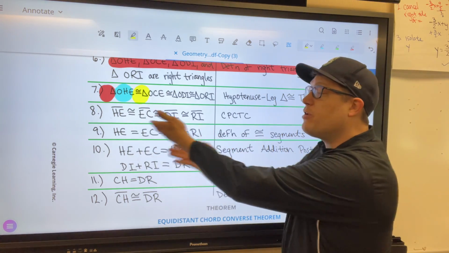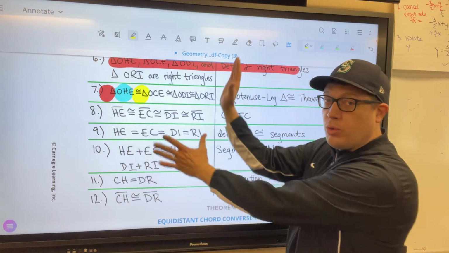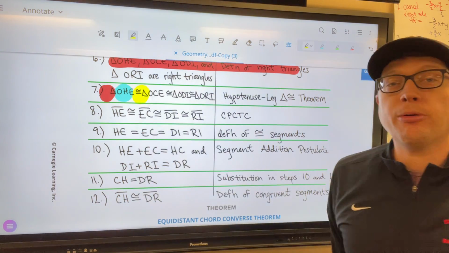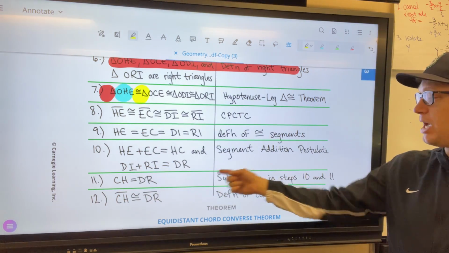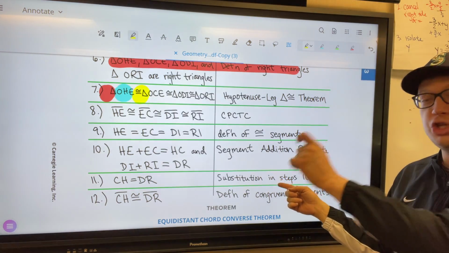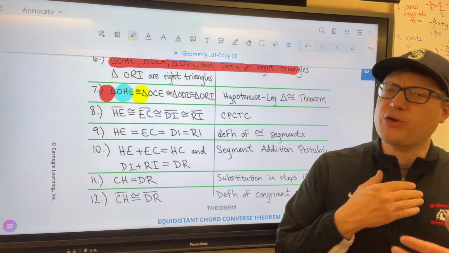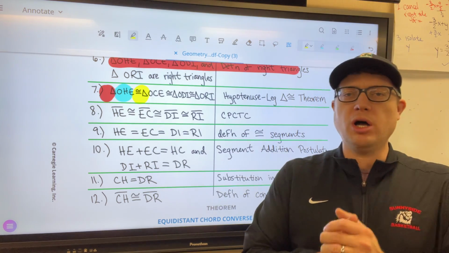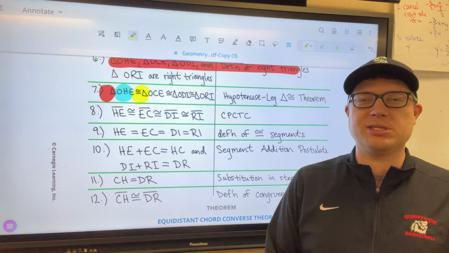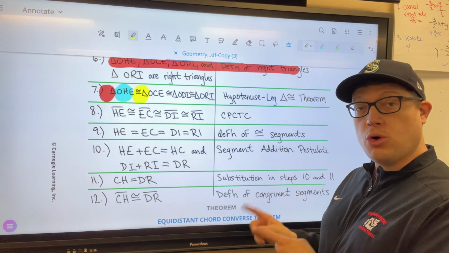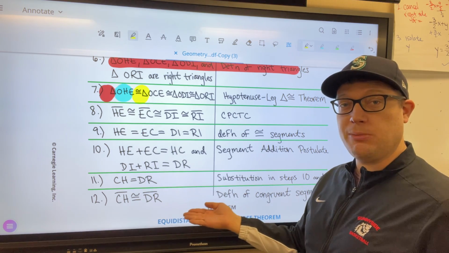And because everything is floating with congruence all the way through the proof, therefore, those segments are actually equal to each other. CH and DR are congruent. If chords of a circle are drawn so that they are equidistant from the center of the circle, then those chords must be the same length.